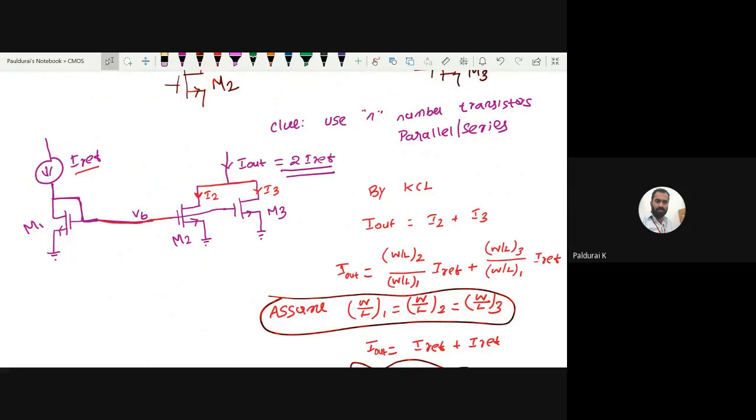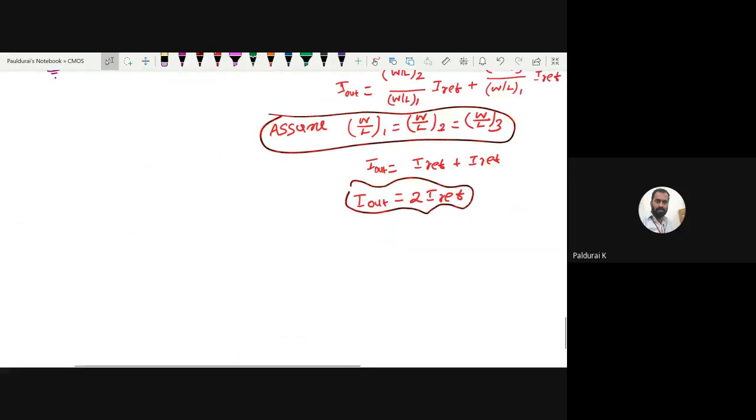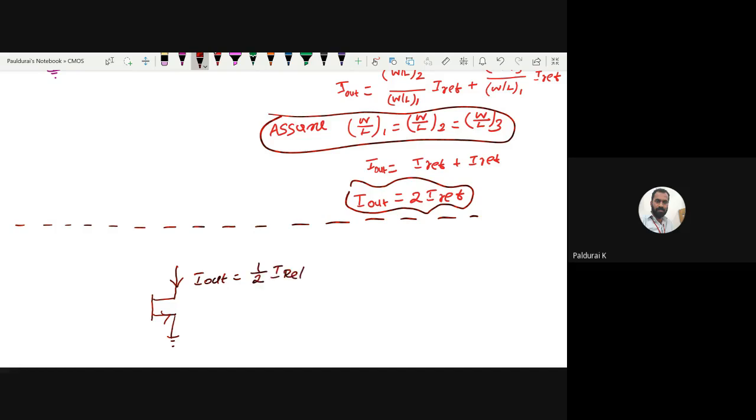So hope it is understood, right? This is my next example, and I asked one more thing without scaling. This time I want to achieve my I out equals half of the I reference, where this is my I reference.